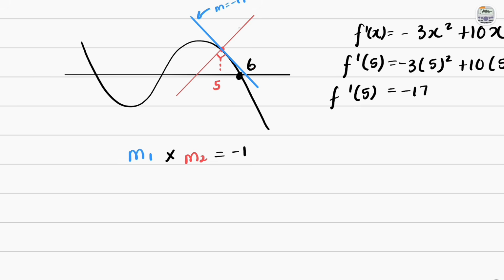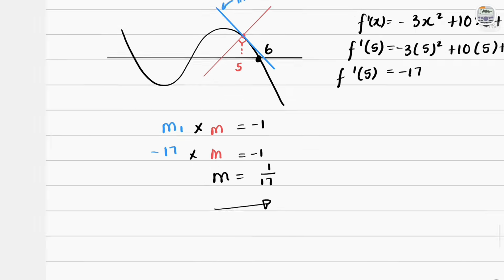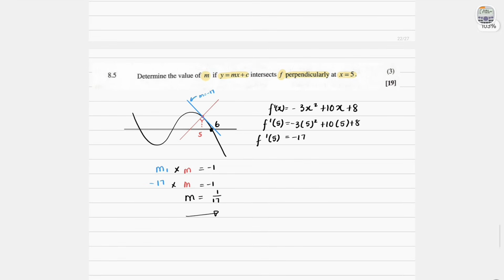You can say negative 17 times m2 is equal to negative 1, and then solve for that gradient by dividing both sides by negative 17. Let's just call that m. The gradient of that line is simply 1 over 17. And that is our answer, and that is it for question 8.